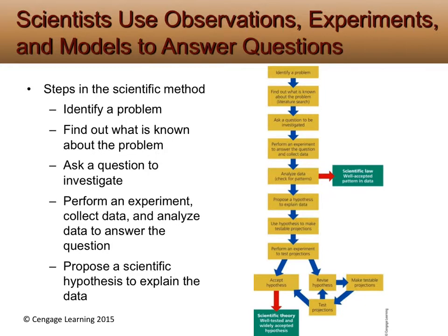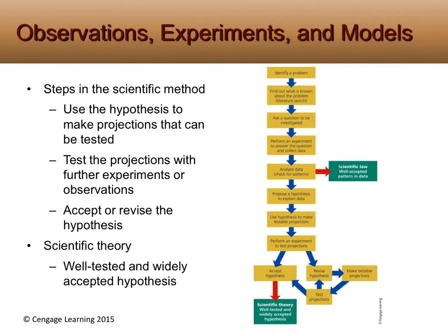We perform an experiment over and over again. We collect data, we analyze the data to answer the questions, and the next step is to propose a scientific hypothesis to explain that data. Next, we use the hypothesis to make projections that can be tested, and we test those projections.